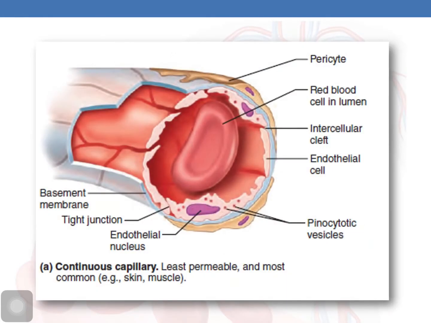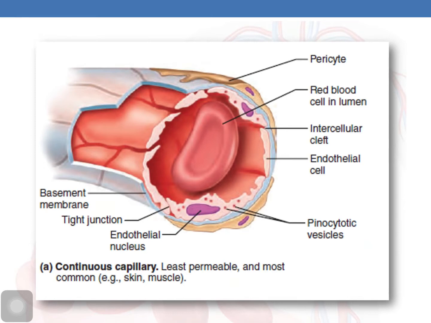There are three major types of capillaries, namely the continuous capillaries, fenestrated capillaries, and the sinusoids. First is the continuous capillary. Continuous capillaries are very abundant in the skin and muscles, and they are the most common capillary found in the body. They are continuous in the sense that their endothelial cells are joined together by tight junctions, providing an uninterrupted lining.